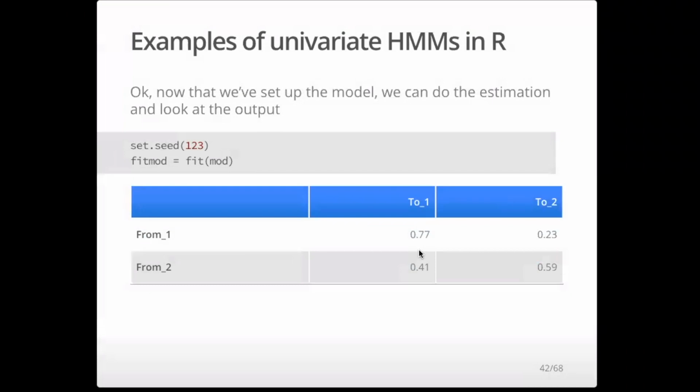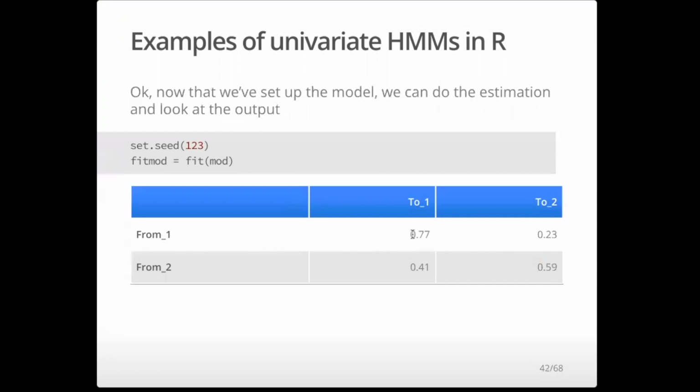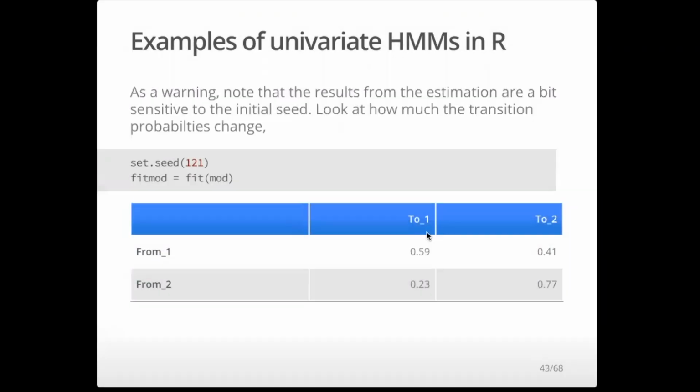If I go back and forth, they switch in a funny way, in that they just got reversed, right? Before, state 1 had a 77% probability of persistence, but what it called state 1 in the first iteration, it's calling state 2 in the second iteration.